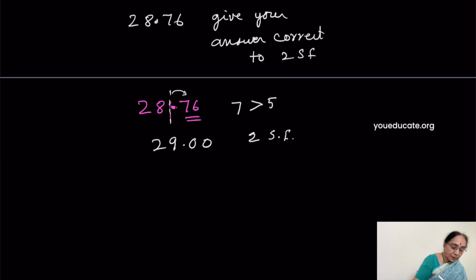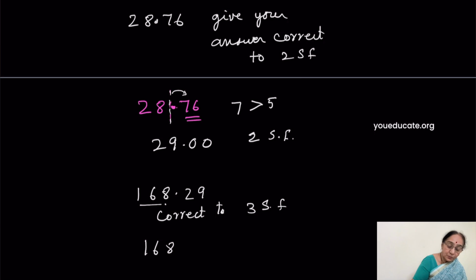Now if I have 168.73, correct to 3 significant figures, I retain 168, the digits with the highest value.